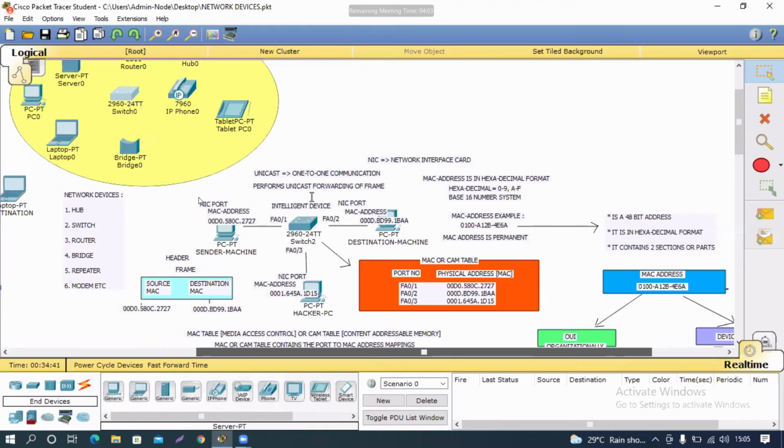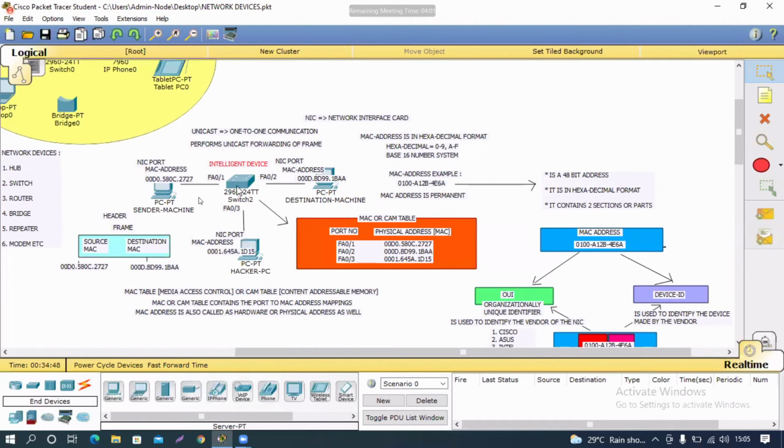The frame it receives from the source, that is the sender machine, and the receiver, that is your destination machine, is always forwarded based on this information. And what is this information? Source MAC and destination MAC.